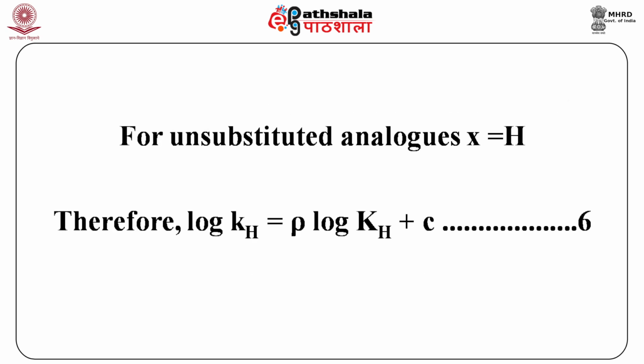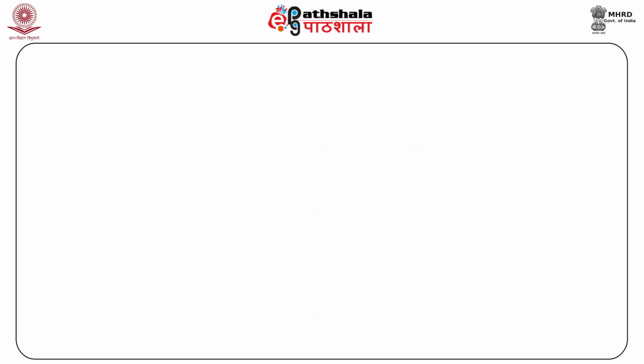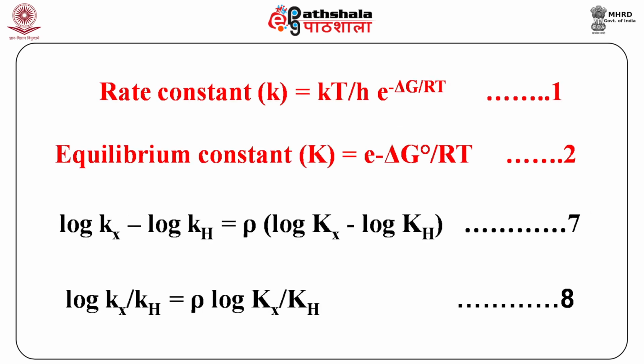For unsubstituted analogues where x is equal to the hydrogen atom, log kh is equal to rho log Kh plus C. From equations 5 and 6, log kx minus log kh is equal to rho of log Kx minus log Kh.